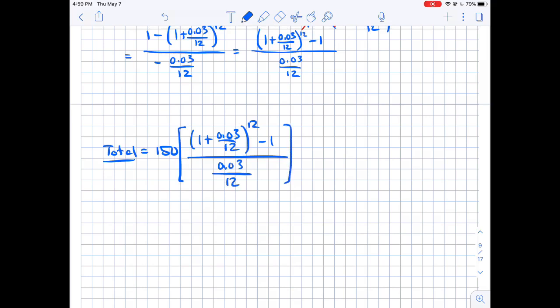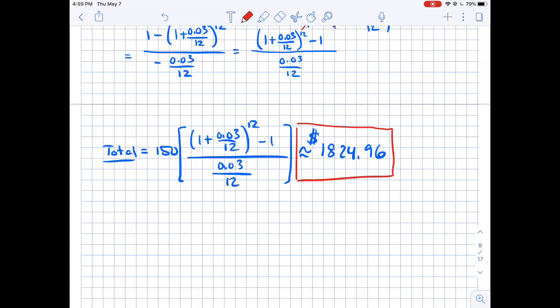We are careful with our calculator. We plug all of that in, and what we're going to get is $1,824.96. That's going to be the total amount that would be in the account after the full 12 months.